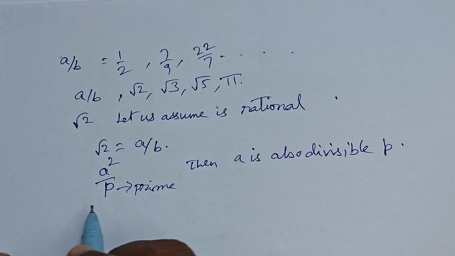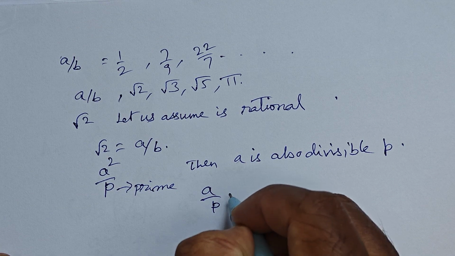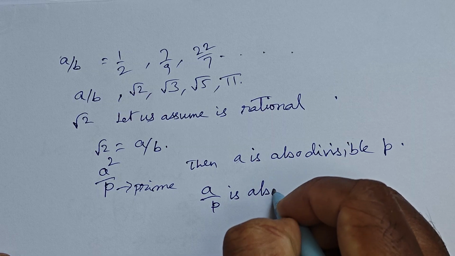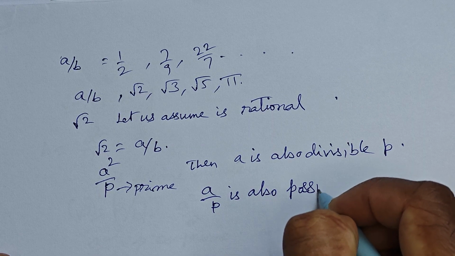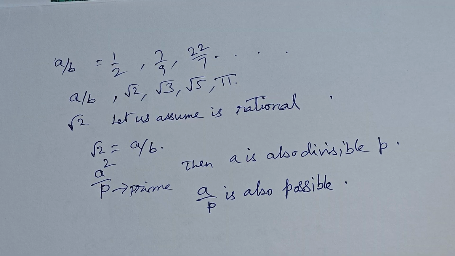So what I am saying is, when a square by p is possible, then a by p is also possible. Means we can do division like that. This is going to play an important role in proving the irrationality of numbers.